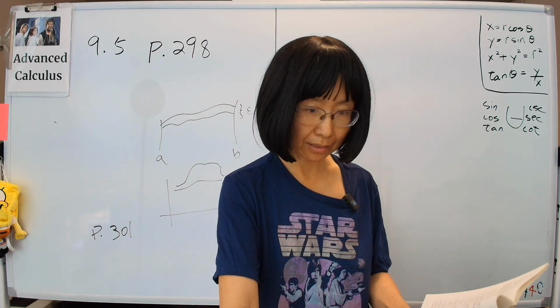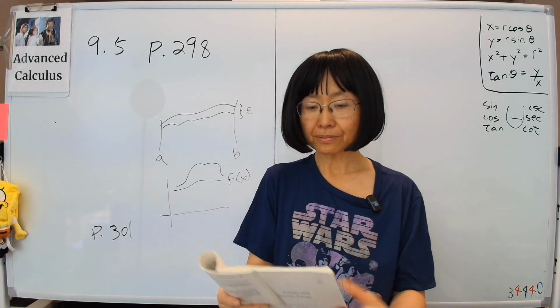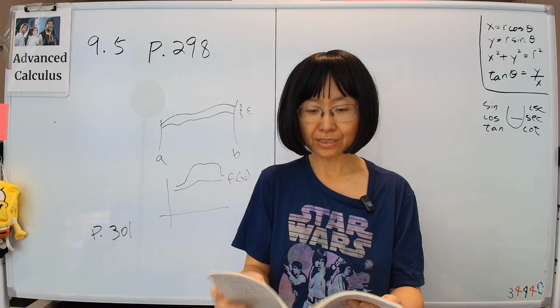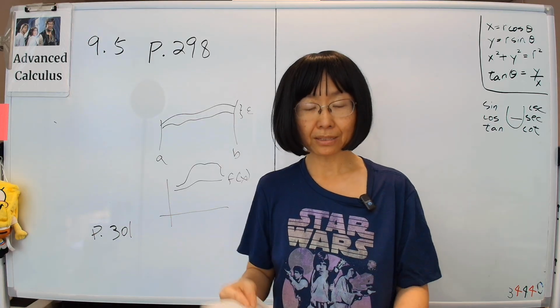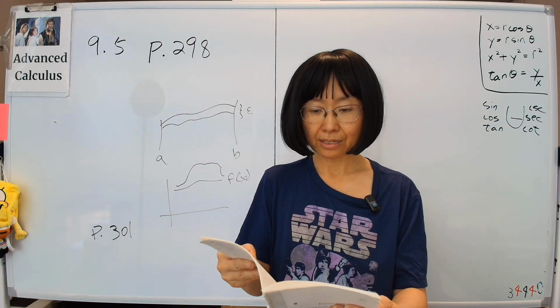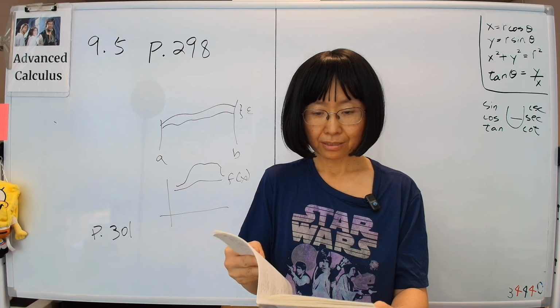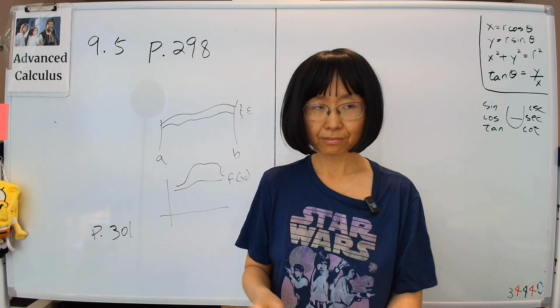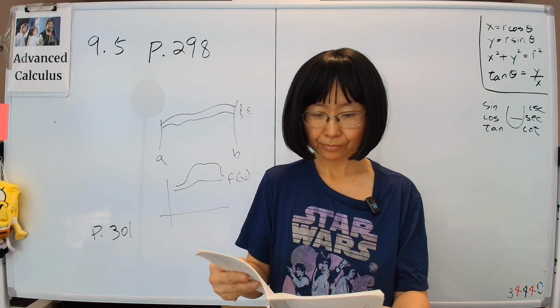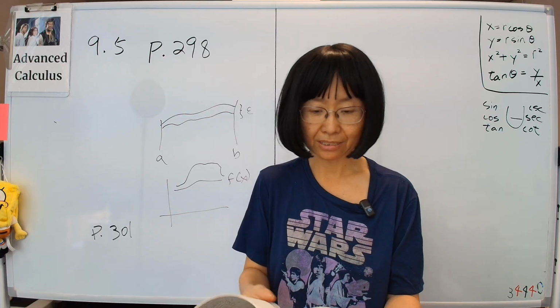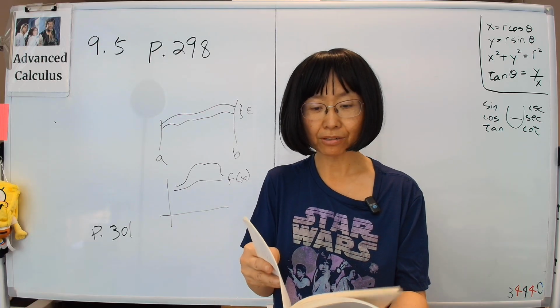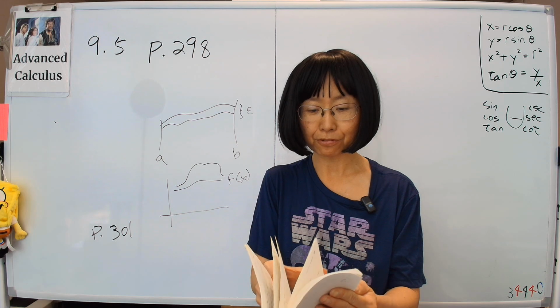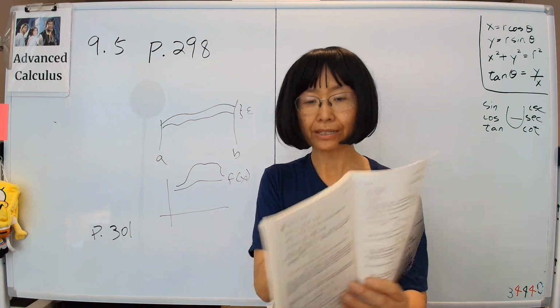Now, to prove that this thing is uniformly convergent, bear in mind that this is an alternating series, okay? We are allowed to use corollary 8 on page 294, which I will show you right now.